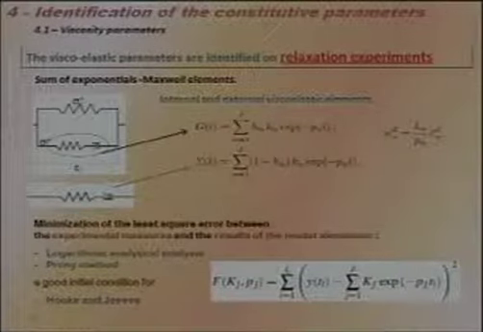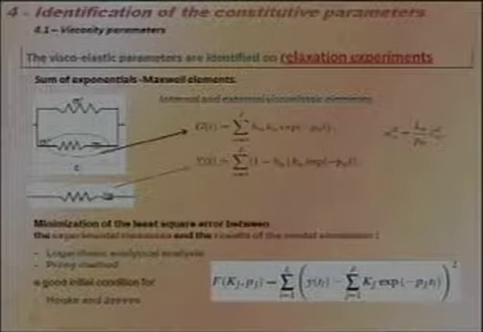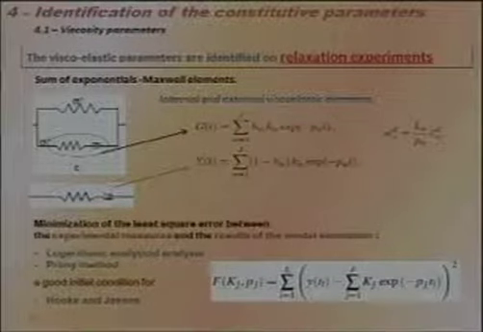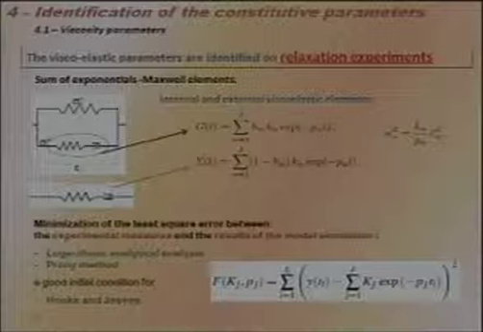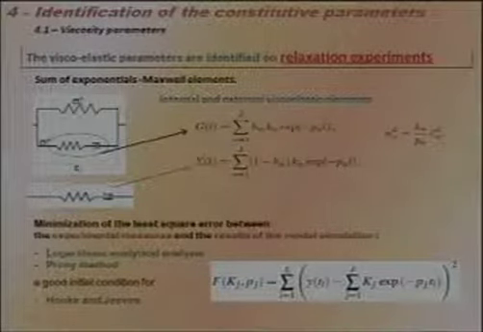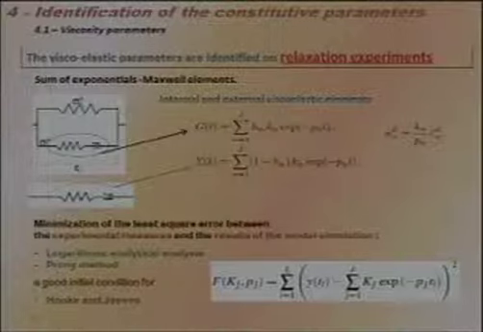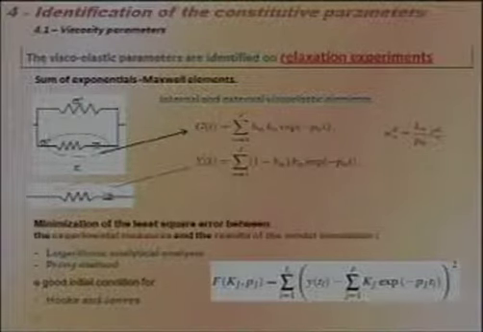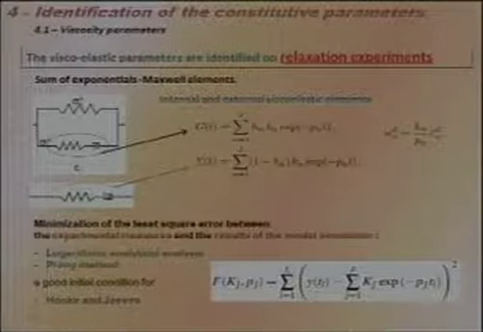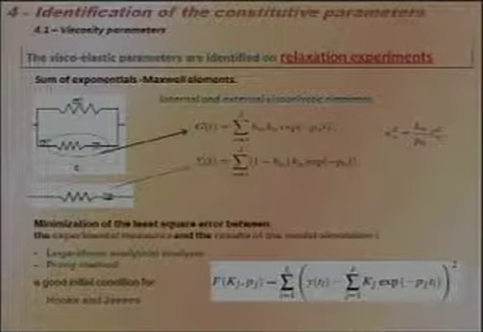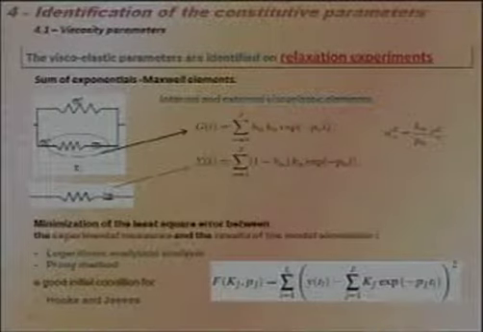So we apply a Heaviside of the deformation, and we look at the evolution of the stress, and we identify the parameters on this relaxation curve, both for the internal modulus and the one which is in parallel.